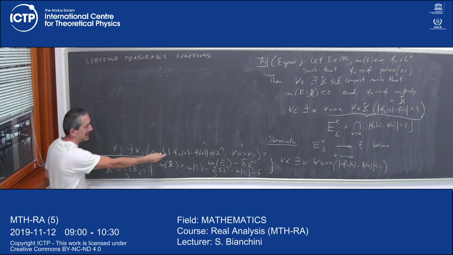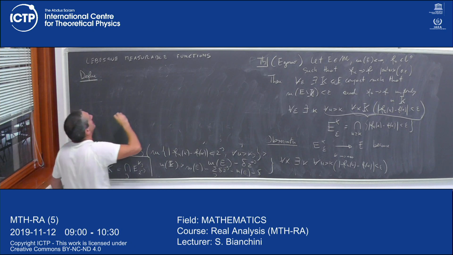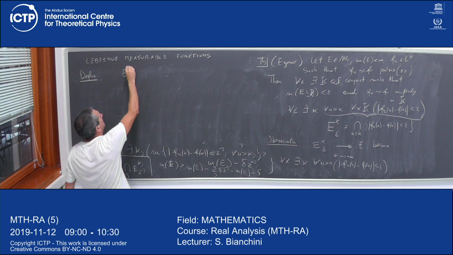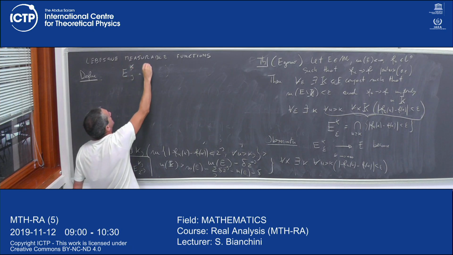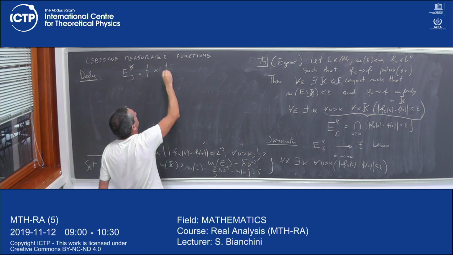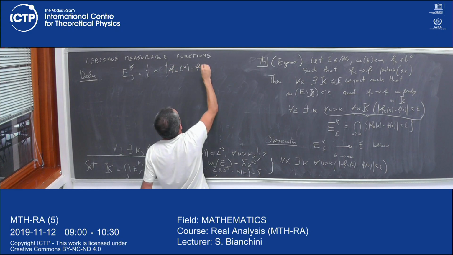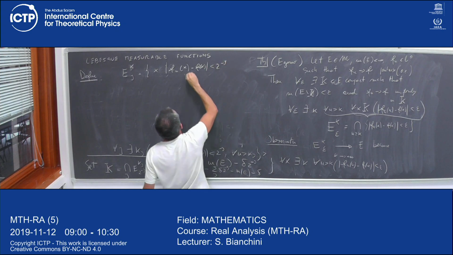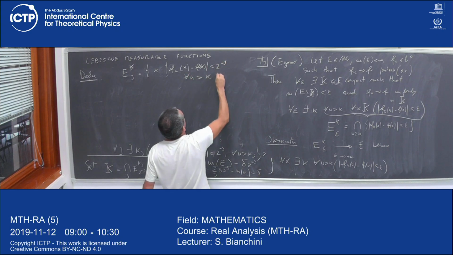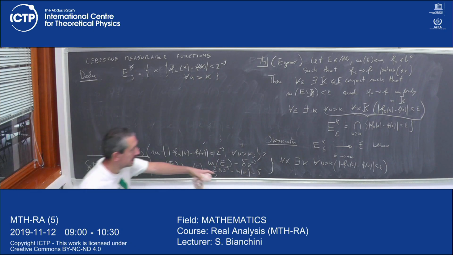The straight way is defined here. K_j is the set of x such that |f_n(x) minus f(x)| is less than 2 to the minus j for all n larger than k, which is that set down there.